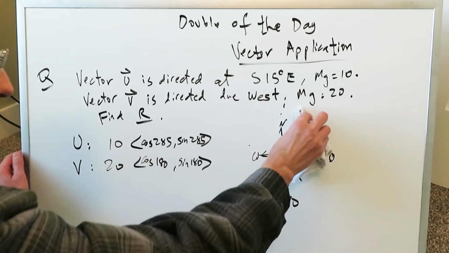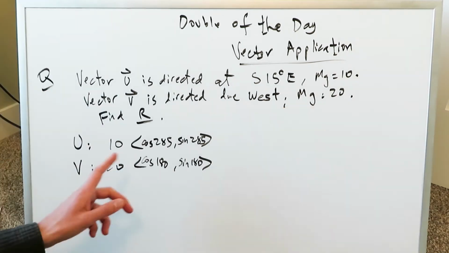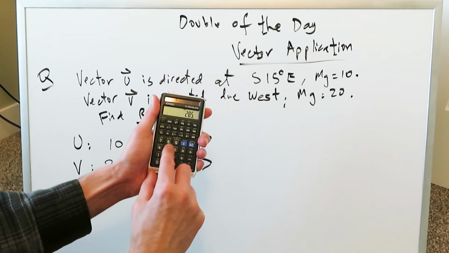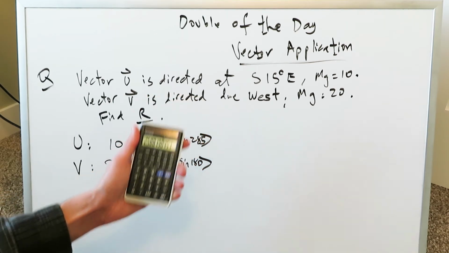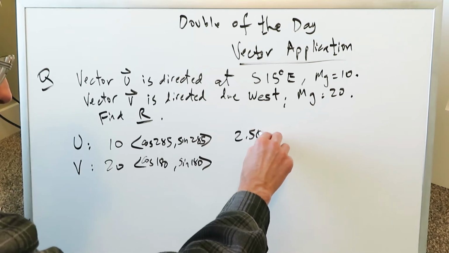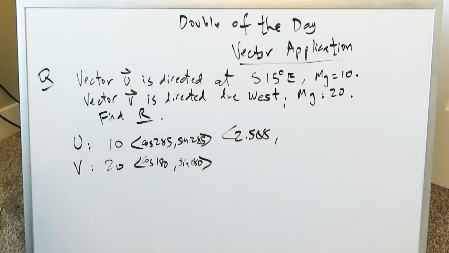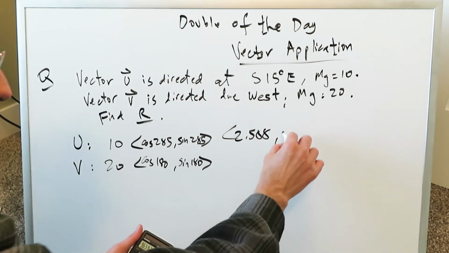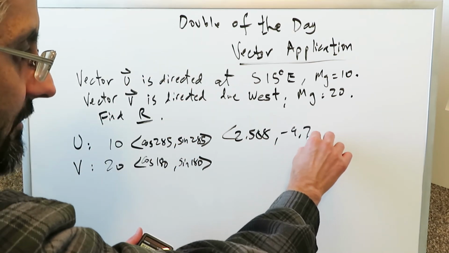Now what we have to do, of course, is multiply these components. We'll bring out our calculator. We'll do cosine 285 times 10. We get 2.588. Now we'll do sine 285 times 10. I get a minus 9.7, I'll round it.